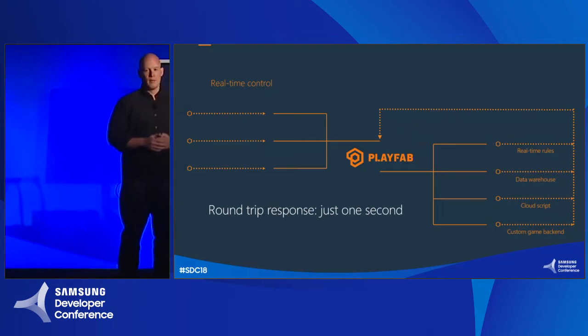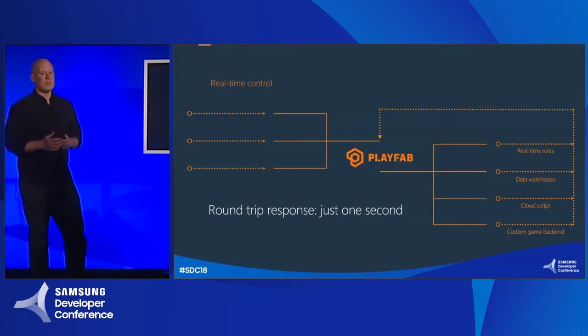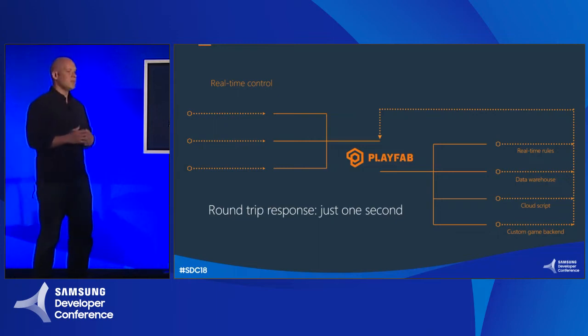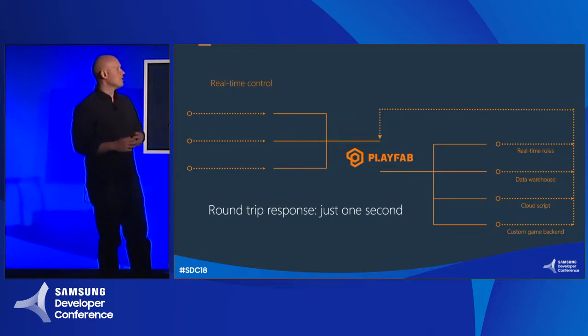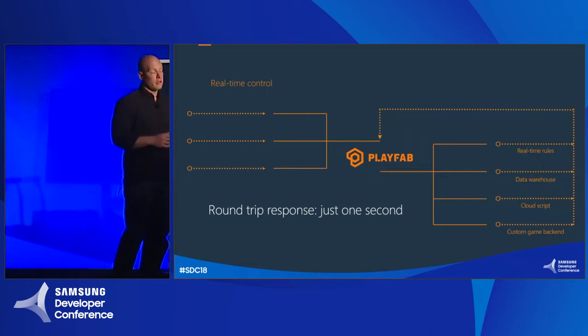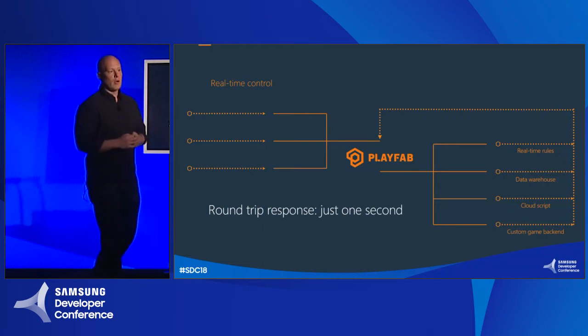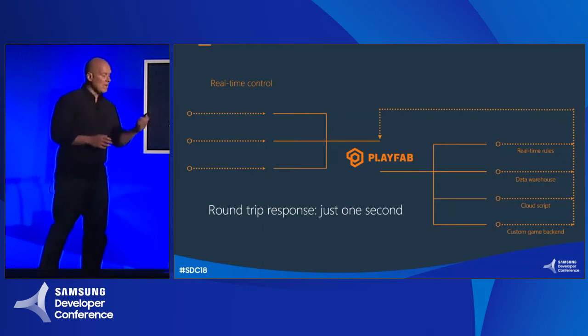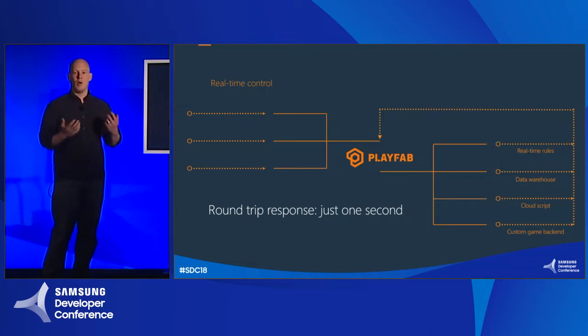Another one we have, a powerful scripting language, is called CloudScript. All of this data is available with CloudScript, which is basically game logic running within the cloud. CloudScript can dynamically change based on what's going on within the game. And as I mentioned, all of this data is available to your own custom backends if you want to integrate with it.